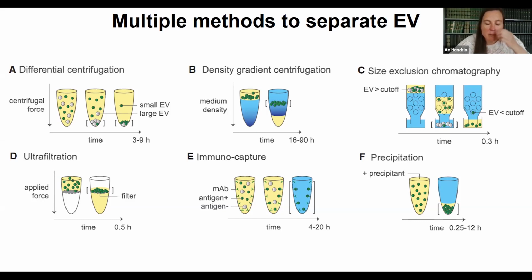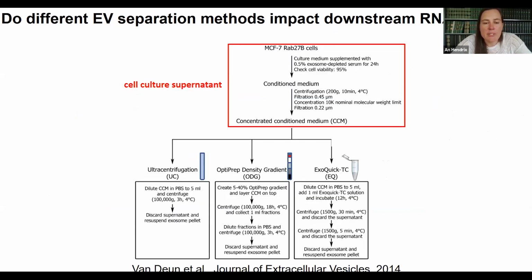So before we embarked on studying extracellular vesicles in complex body fluids like blood, we decided to set up a standard or proof of concept experiment to test whether the choice of separation method influences the downstream analysis or identification of the content of extracellular vesicles.